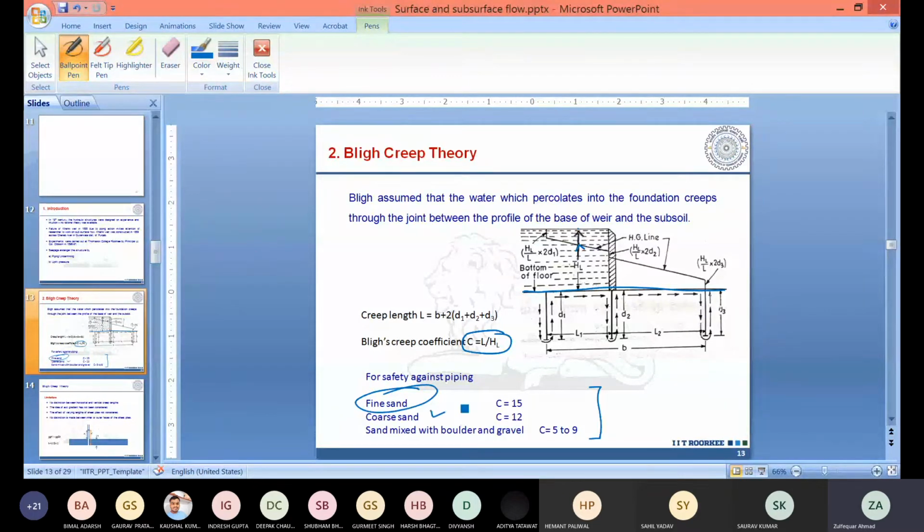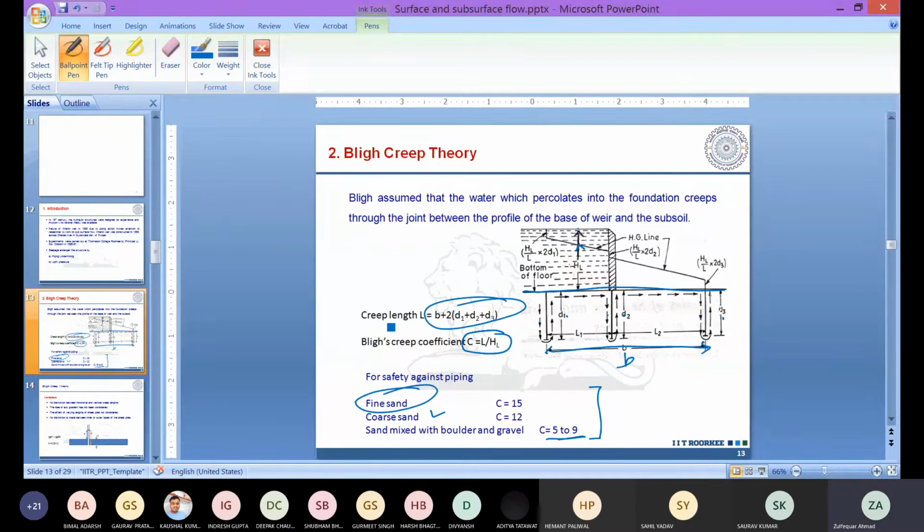Coarse sand is 12, and for sand mixed with boulders and gravel, it is from 5 to 9. For this particular problem, which is very simple, the creep length will be equal to 2 times D1, 2 times D2, 2 times D3, and the horizontal length B. So that is written here. It is clear now.